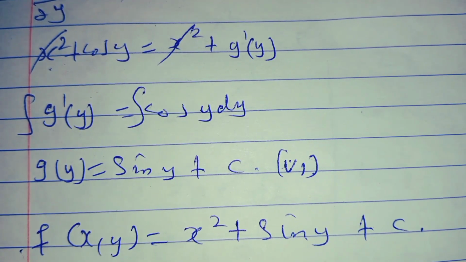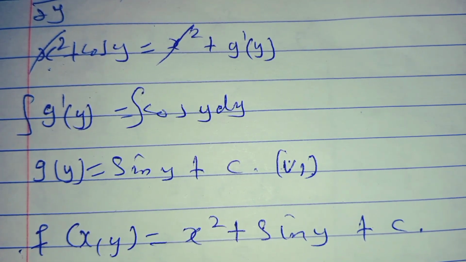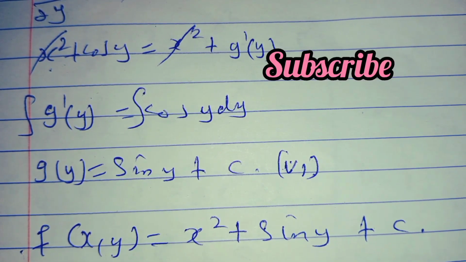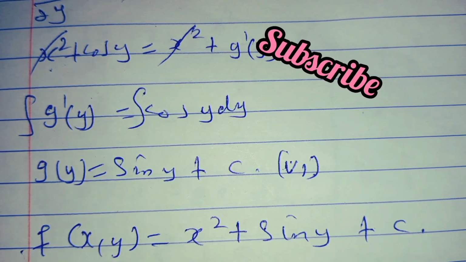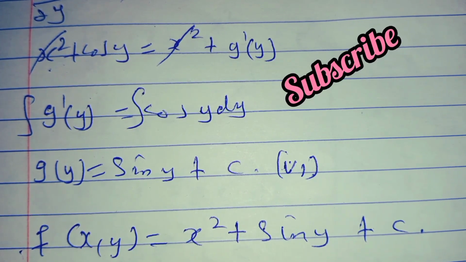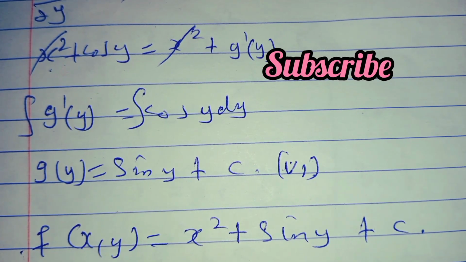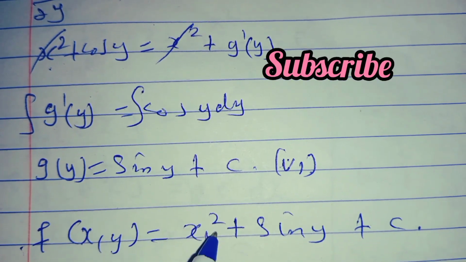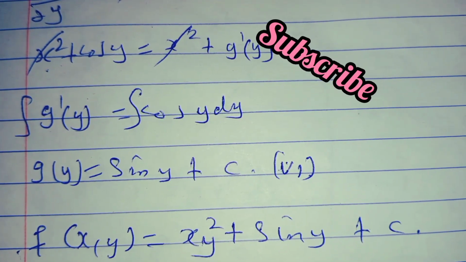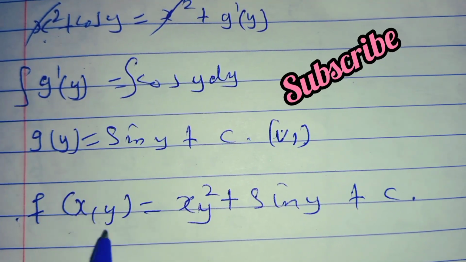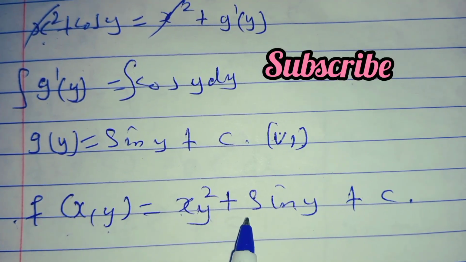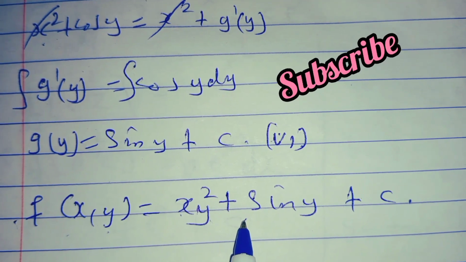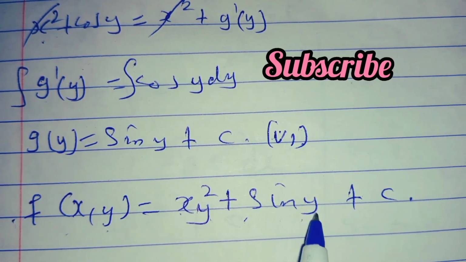That is the result of the given equation. There is a y here which I had forgotten, sorry. So f of xy is equal to x squared y plus sine y plus c.